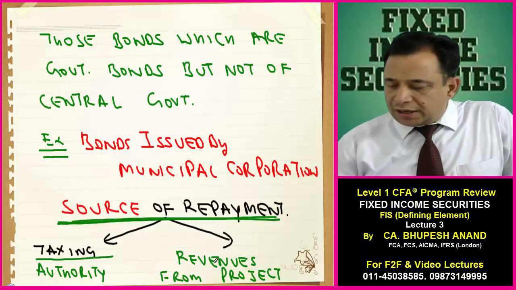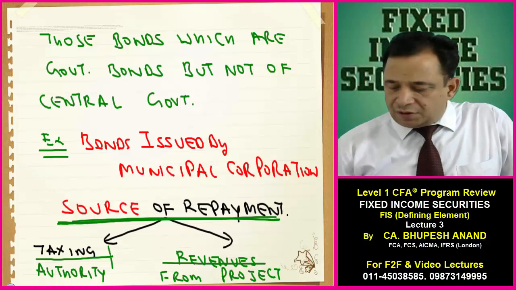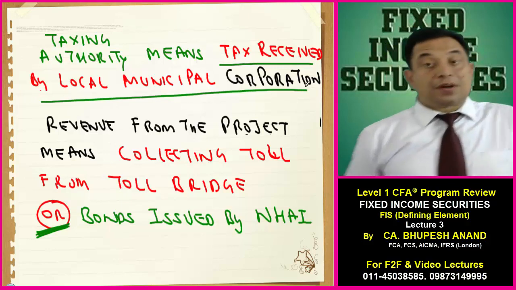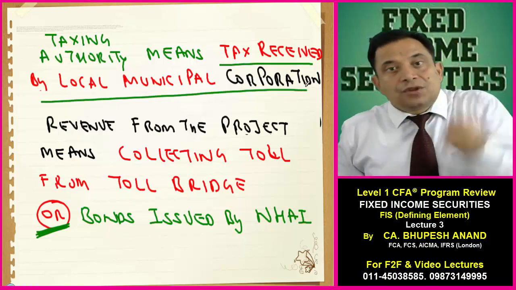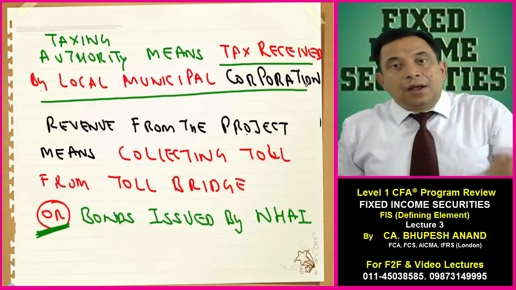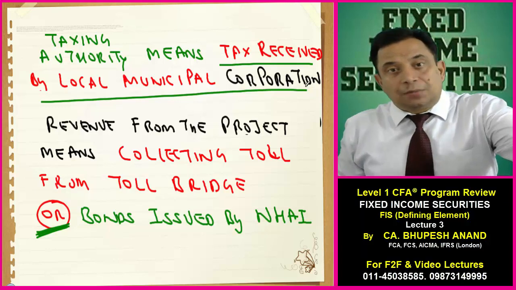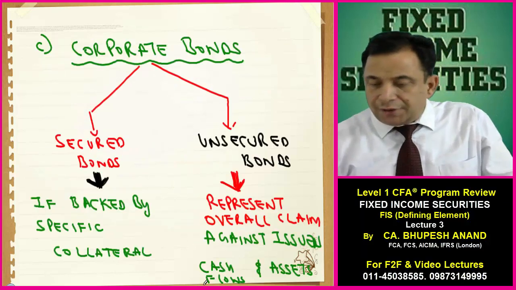One is taxing authority and second is revenue from that project. Taxing authority means tax received by the local municipal corporation, and revenue from that project means toll collected from the toll bridge, or from that highway, or for bonds issued by National Highways Authority of India, some toll is collected by using that road. So that can be a revenue for non-sovereign bonds.